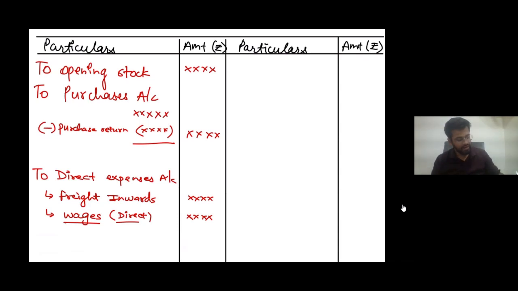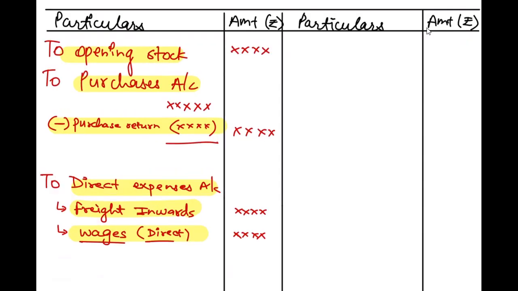So see, we have put the opening stock, then the purchases, we have deducted the purchase return. We have direct expenses, which will include your freight inwards as well as direct wages. OK, now next we have your sales balances. If you have sold anything, so the balance will be mentioned over here by sales account.